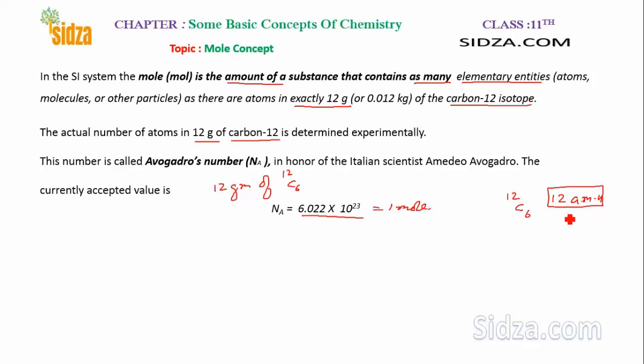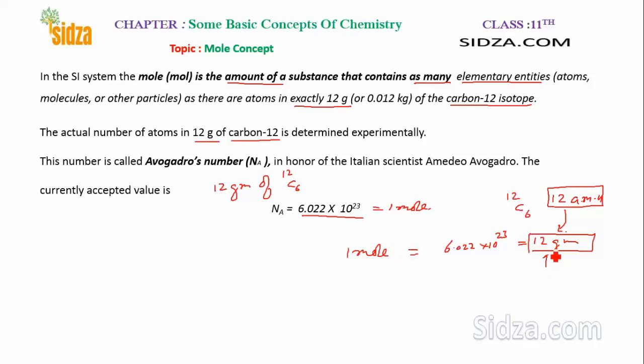When you express the atomic mass of the carbon in grams, that means 12 grams of carbon, it contains 6.022 times 10 power 23 particles. So that means 1 mole of carbon is actually 12 grams of the carbon, right? So 1 mole of carbon is 12 grams of the carbon.